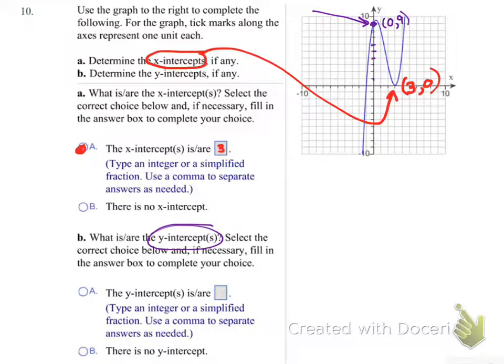So I am going to put a 9 in this box. And I'll bubble this in to be completely correct. So please recall what it is to be an x-intercept and a y-intercept. This becomes very important as the course evolves.